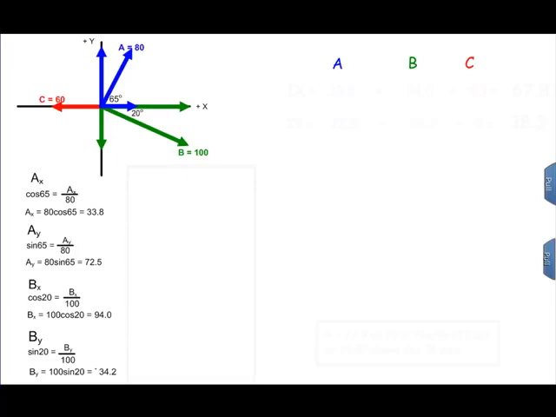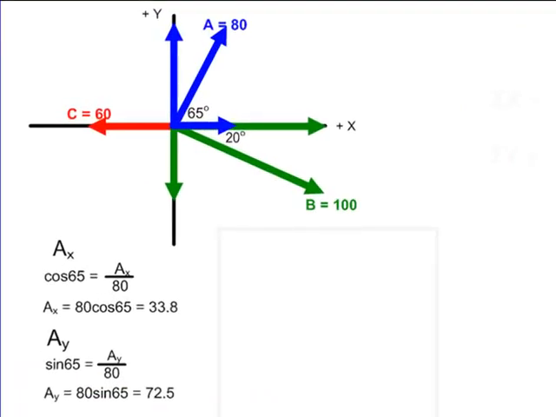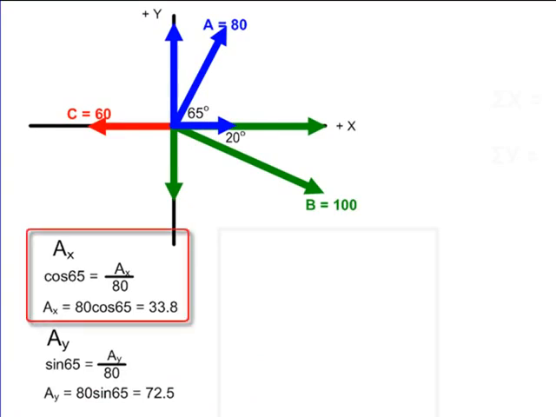So you can see the x component for vector A is defined by the cosine of the 65-degree angle. So the cosine of that 65-degree angle is equal to adjacent over hypotenuse. Now the adjacent side is the x component of vector A, so I write that as A sub x.